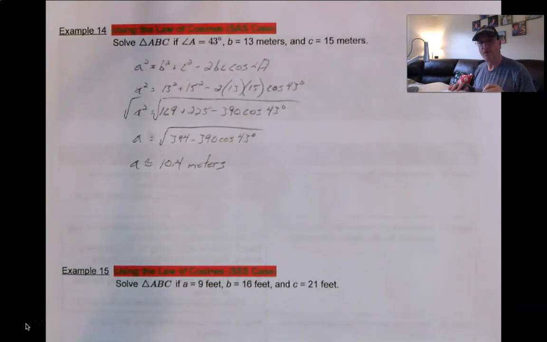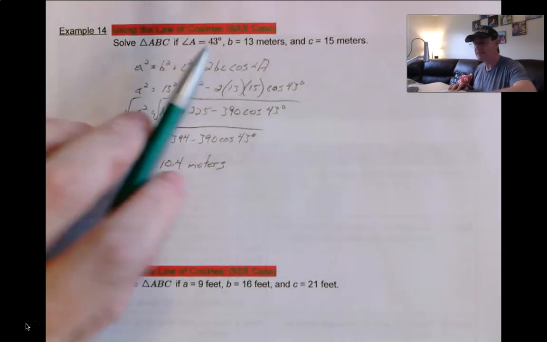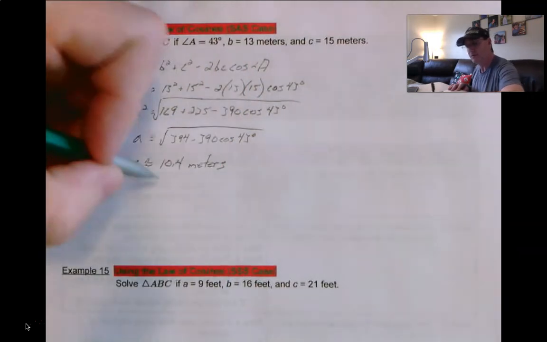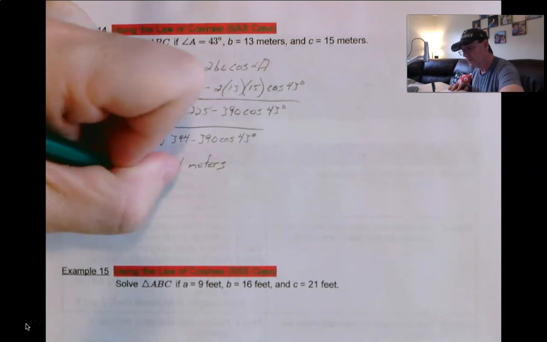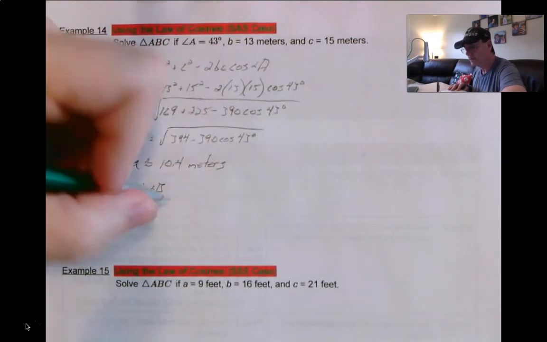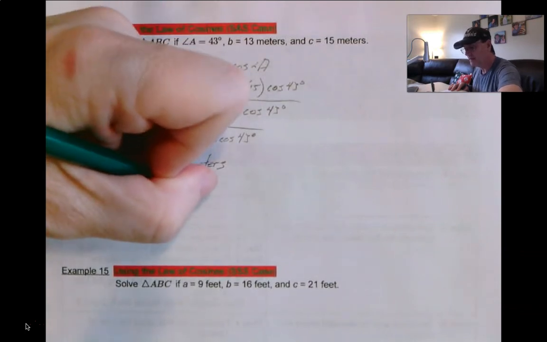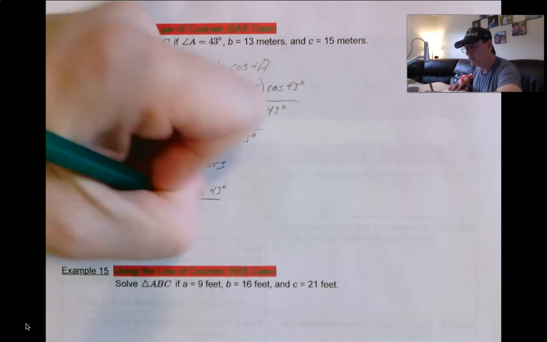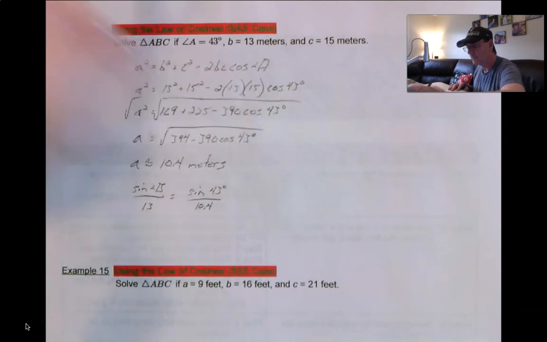Now we have to go for the smaller of the two remaining angles. The two remaining angles are B and C, and the smaller is angle B. Using the law of sines, sine angle B over 13 equals sine of angle A, which is 43 degrees, over little a, which we just found, 10.4.